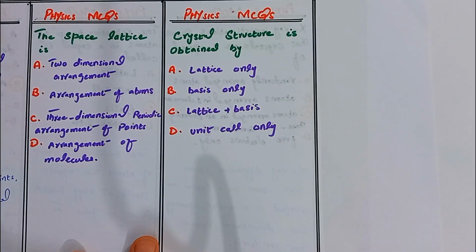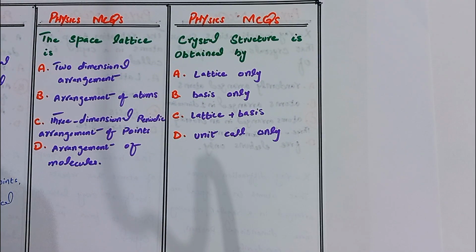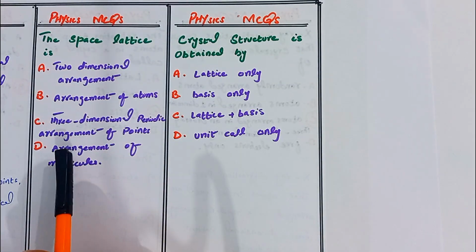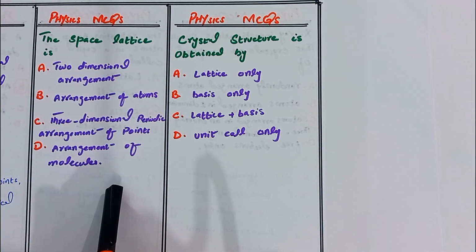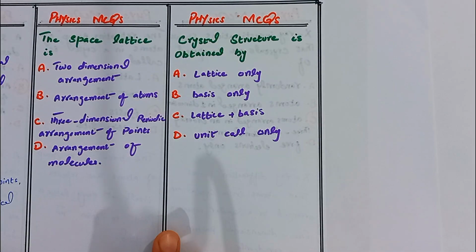Now we discuss the next MCQ, which asks whether the space lattice is a two-dimensional arrangement of atoms, a three-dimensional periodic arrangement of points, or an arrangement of molecules. We know that a space lattice extends periodically in all three directions and forms the basis of crystal structure.